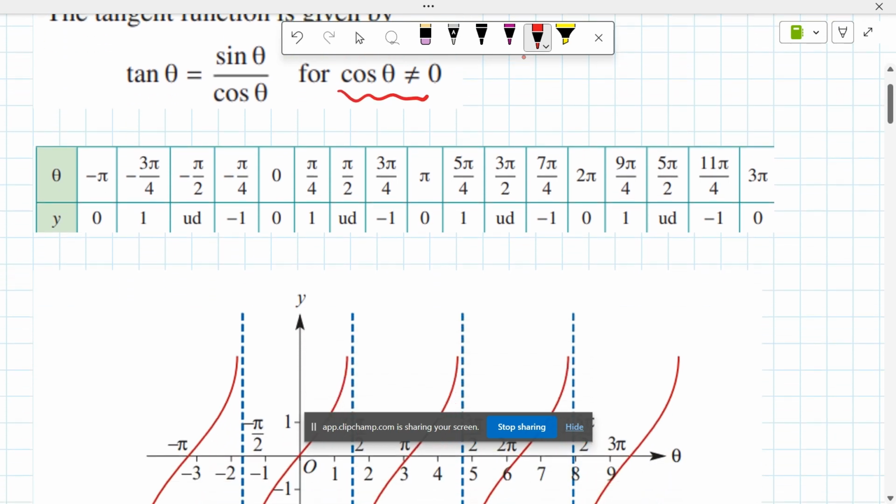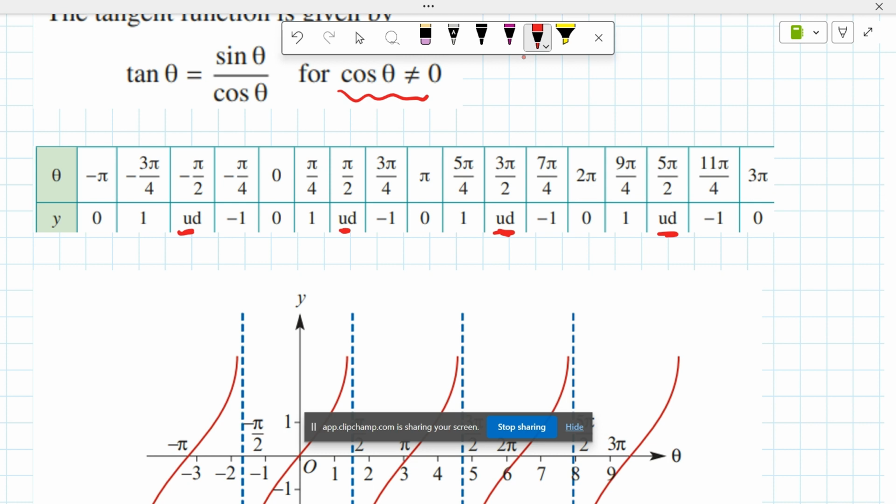We have a table, and here are the special angles for the tangent. You can see the undefined, which means cosine of negative pi on 2 equals 0, pi on 2 equals 0, 3 pi on 2 equals 0, and 5 pi on 2 equals 0. So once cosine equals 0, it's all undefined.